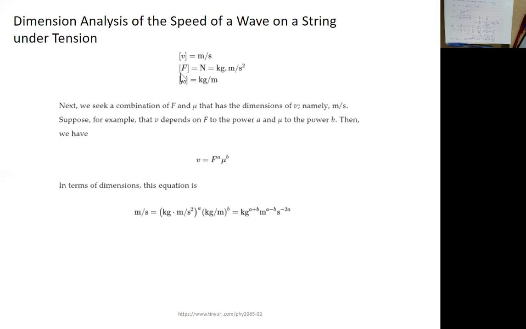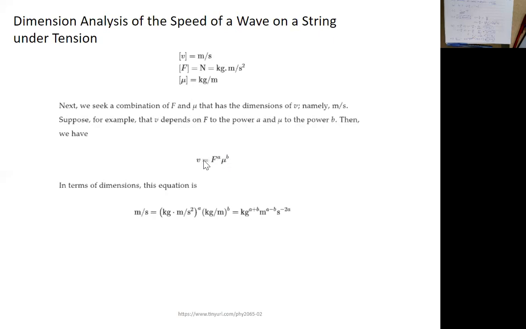We say the speed is determined by these two quantities, the tension force and the mass per unit length, but it might be in a power of 1 or 2 or maybe half or maybe 3. We don't know that. So let's say it's F to the A power times mu to the B power. We are going to determine A and B.